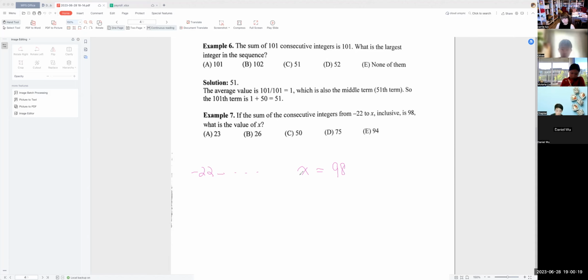The sum of the consecutive integers is 98, do we know how many numbers there are? Do we know how many numbers there are, boys and girls? No, but we know the sum is what? We exactly know the sum is 98, okay? So we can do something with the sum.